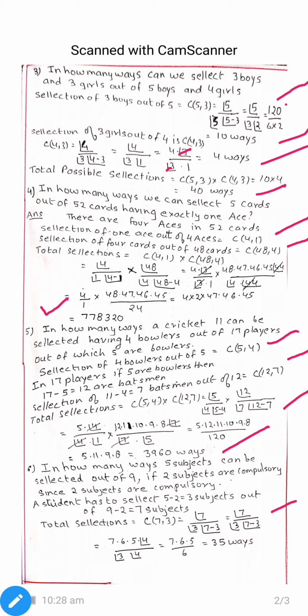We write 7 factorial as 7, 6, 5, 4 factorial. 4 factorial is cancelled out, and factorial 3 is 1 into 2 into 3, which is 6. 6 and 6 are again cancelled out. We are left with 7 fives are 35 ways.